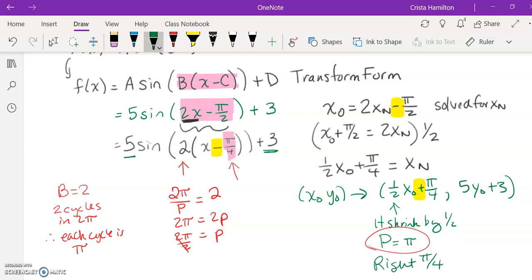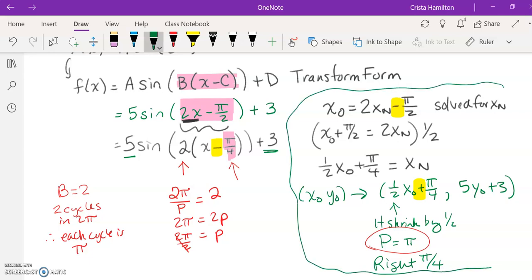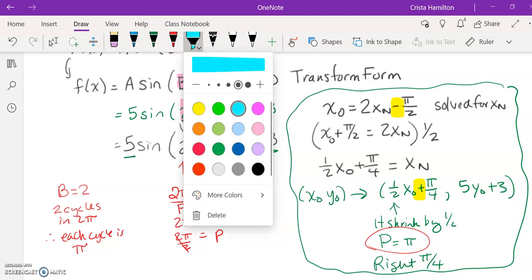pi over 4. Notice that in this solving process, I could have done all of this work to figure out that we shifted to the right pi over 4, or I can simply pull out and factor out that 2 in the equation.